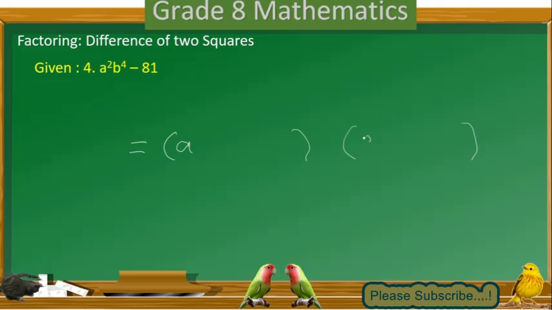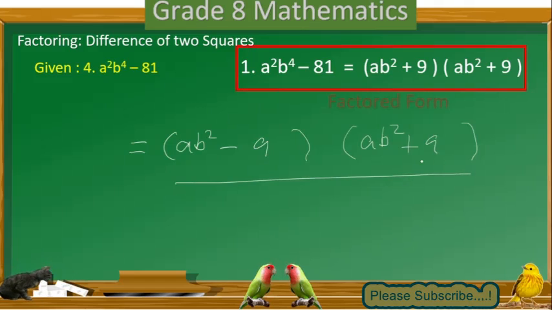We write also a here. For b to the fourth, that is b squared. Here is also b squared. Then copy the given sign. Then here is opposite. For 81, that is 9. Also here is 9. So that is the answer. The factored form.